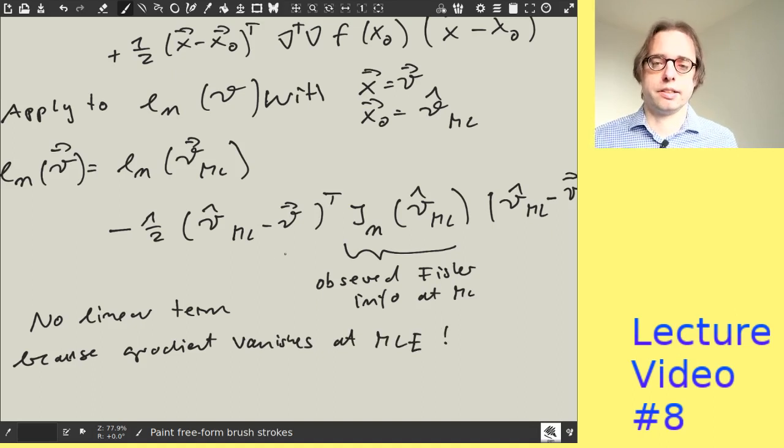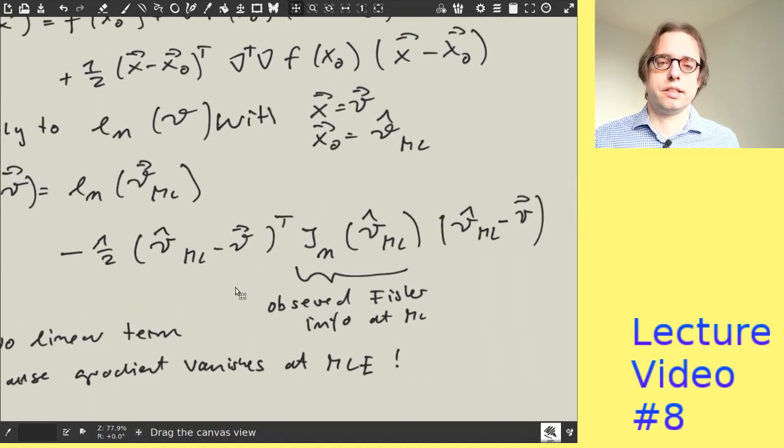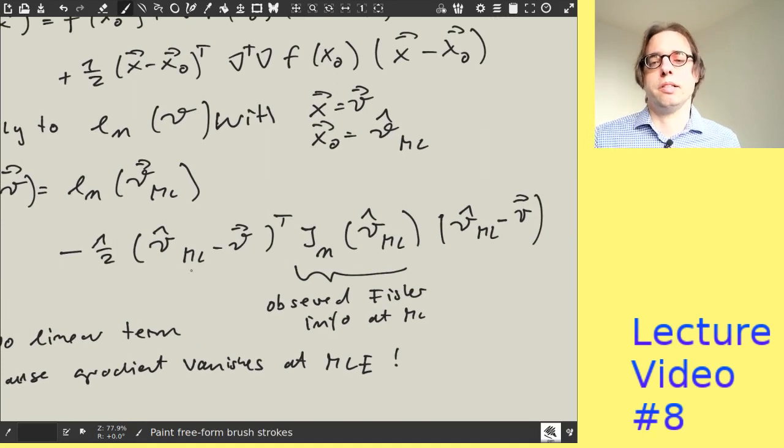And now the interesting thing is, if you compare this to the multivariate normal, it looks pretty much like the log density of the multivariate normal. The log density of the multivariate normal has exactly the same thing, only that here we have sigma, so we have the inverse covariance matrix here.